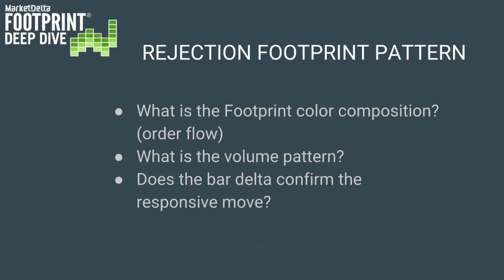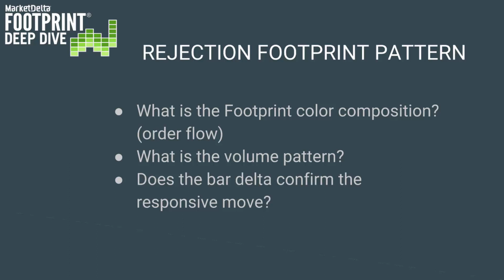What is the footprint color composition, the order flow? These are the questions you should ask yourself when you look at these things on a footprint. What's the volume pattern? I just showed you that. Does the bar delta confirm the responsive move?